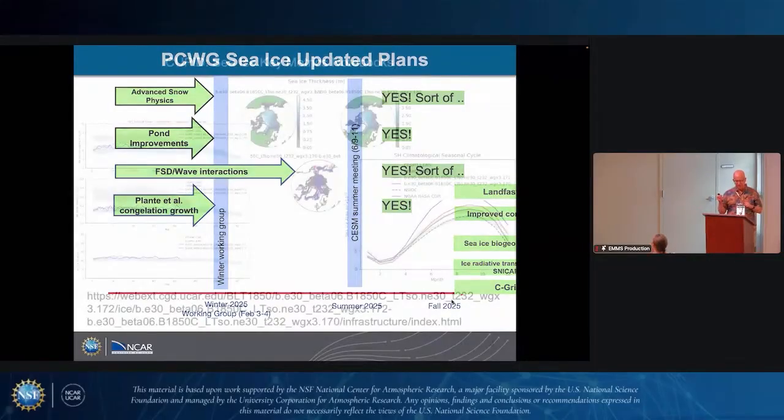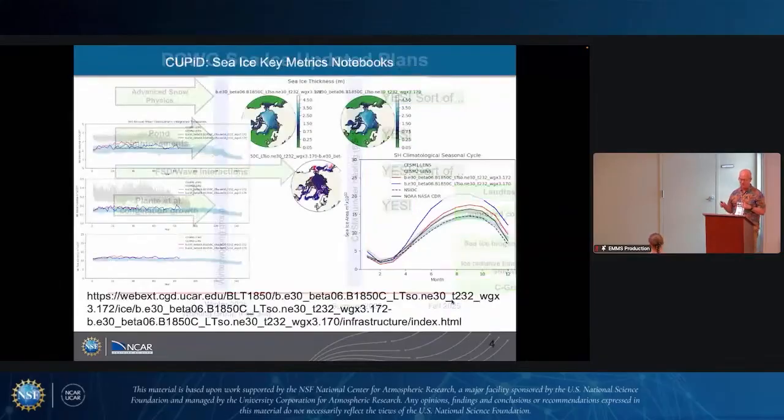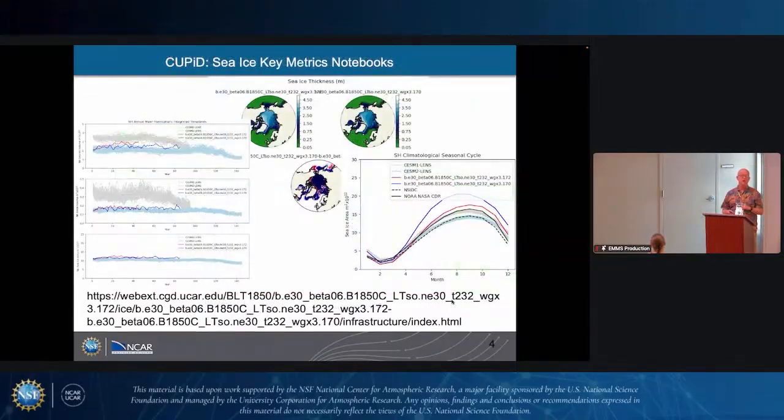And then another key thing about this is that for the CESM3, we've also developed this new diagnostic package, CUPID. So the acronym is CESM Unified Post-Processing and Diagnostics. And as a part of this, I have a new CICE key metrics notebook with a lot of new diagnostic plots and things like that.